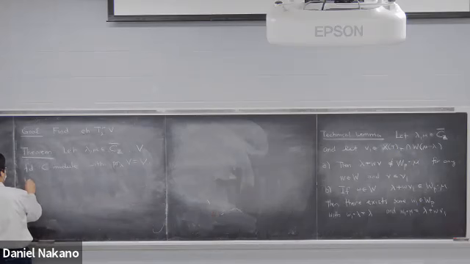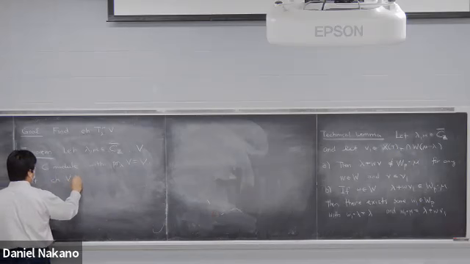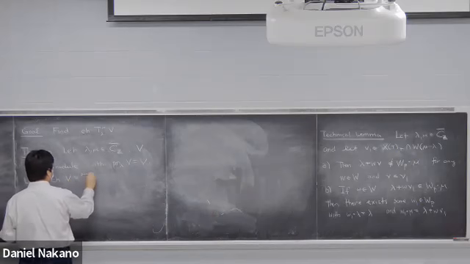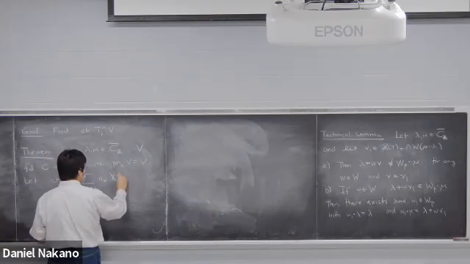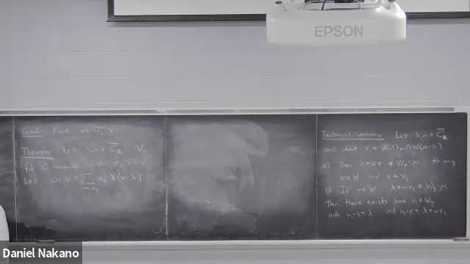So we can write the character of V again in the way that we had in the previous result: the sum over W in WP of a_W chi of W dot lambda. Again, the a_W are integers and it's a finite sum.